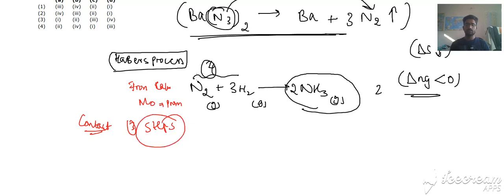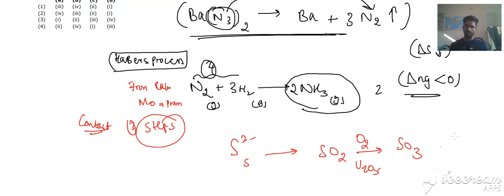First step is you burn sulfide ores or sulfur to get SO2, right? And from there, one has to convert this into SO3 by adding O2. This will be done in the presence of V2O5.